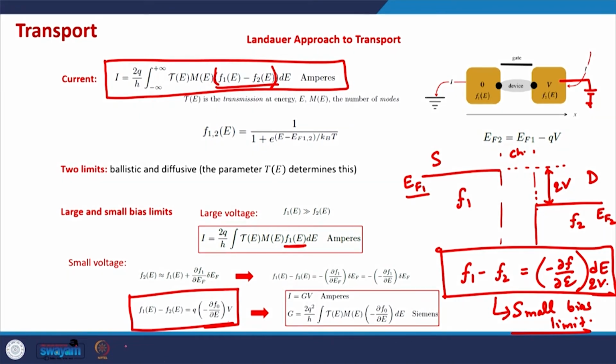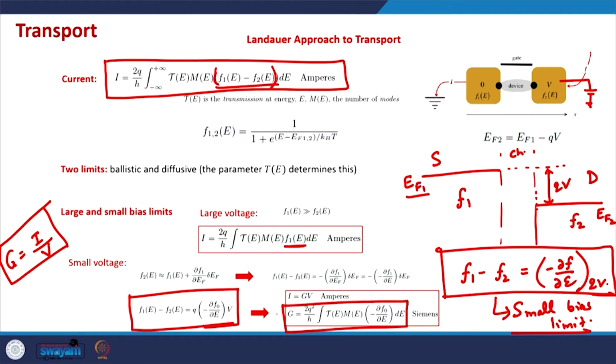Instead of dE we have Q times V, where V is the applied voltage. And in the small bias limit we can define the conductance in a very clean way, because the conductance is defined as the ratio between the current and the voltage, I by V, and in the small bias limit there is a very clean relationship between the current and the applied voltage.